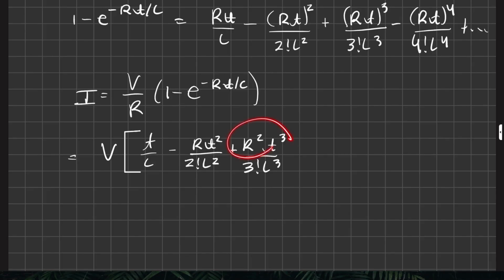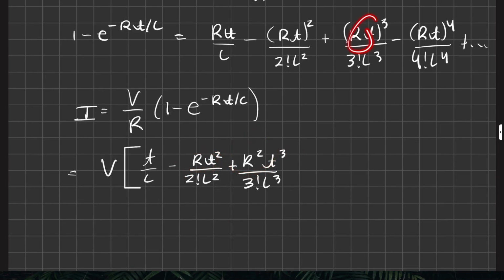Hopefully you can see that's what I'm doing. Now minus R cubed t to the fourth over 4 factorial L to the fourth, and so on and so forth. Close our brackets.